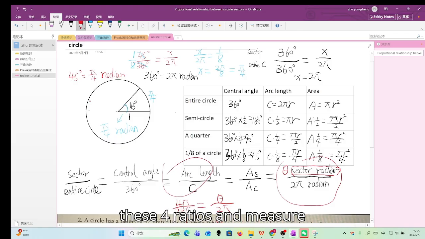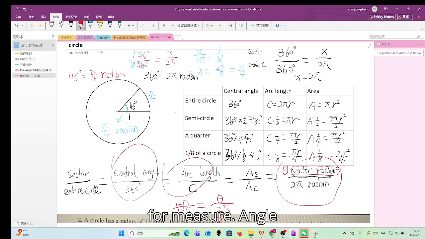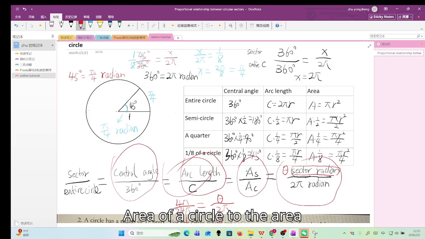These ratios are: the measure of angle in degrees, arc length to circumference, area of a sector to the area of the whole circle, and the sector angle in radians to 2 pi radians, which represents the whole circle.